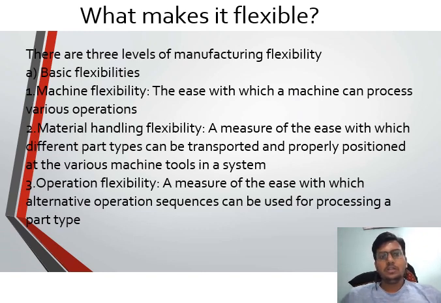In machine flexibility, we see the ease with which a machine can process various operations, meaning the capability of a machine to process a variety of operations. Second is material handling flexibility, a measure of the ease with which different part types can be transported and properly positioned at various machine tools in a system.